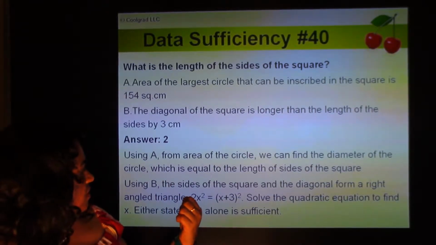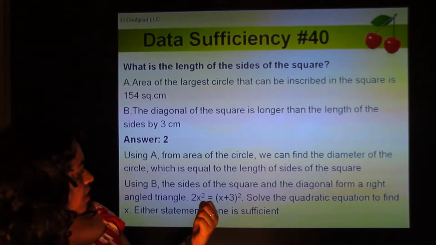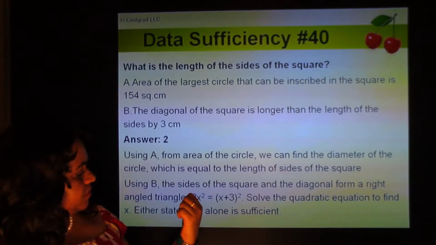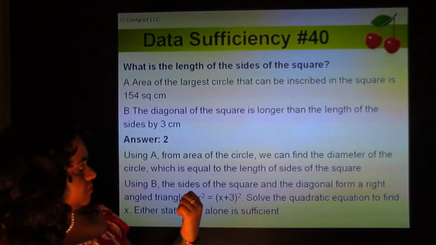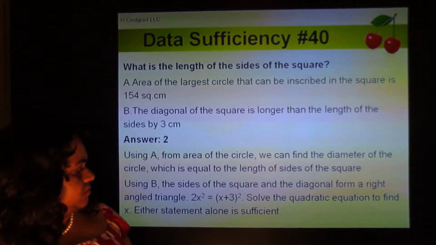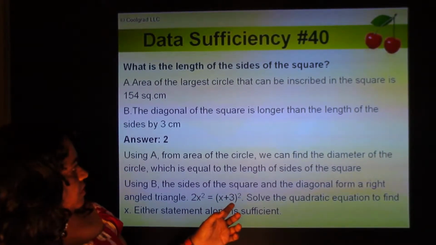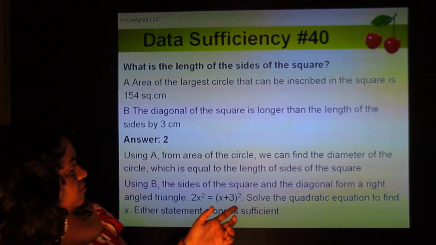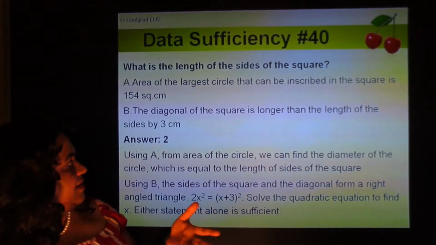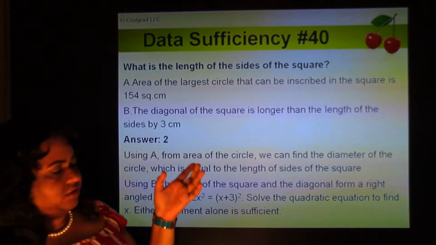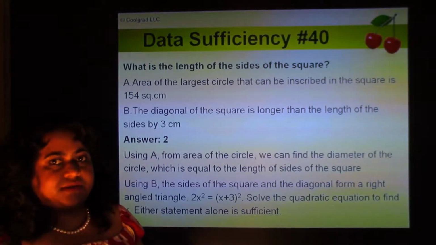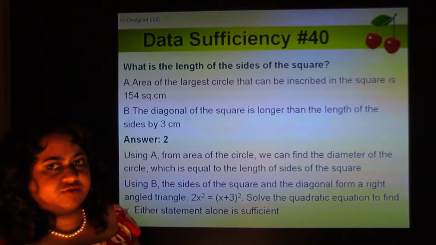And we also know that, if you square them, so basically it's like square root of 2 times x minus x equal to 3. So that's what it means.